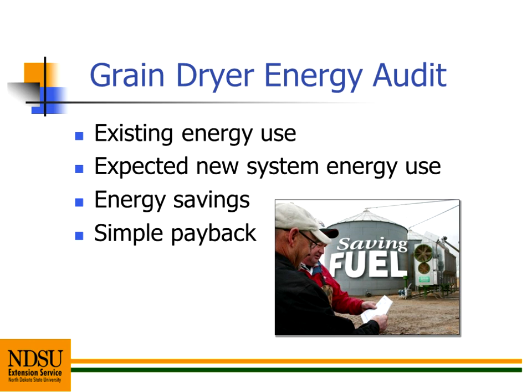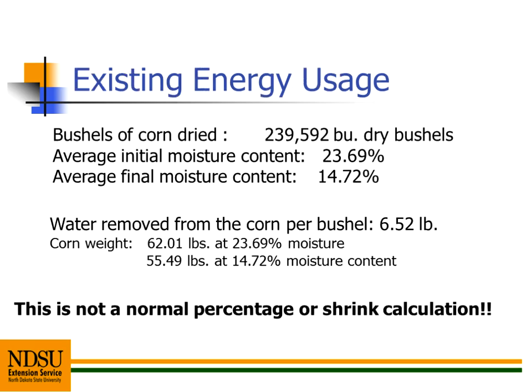So as part of the energy audit, we're looking at determining what our current energy use is, trying to determine what the energy use would be of the new system, figuring out then what the savings is and what the payback period is. Does this make sense?